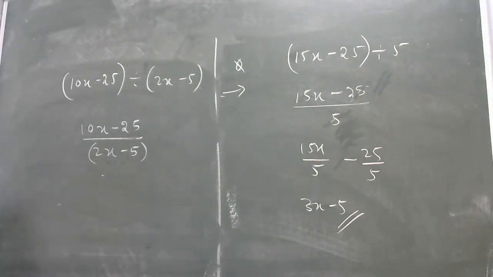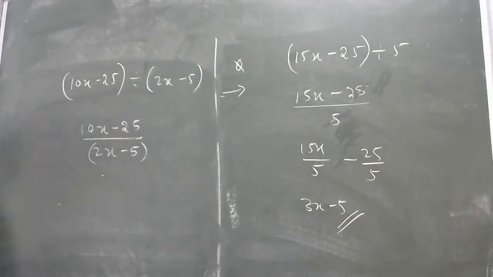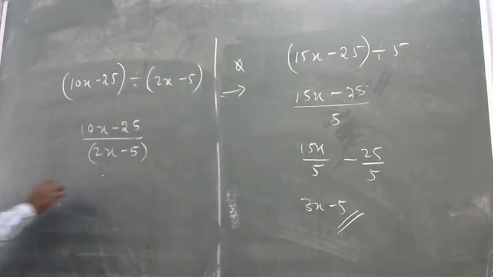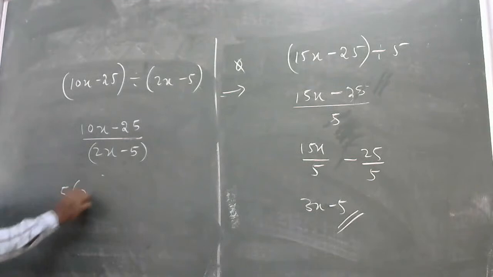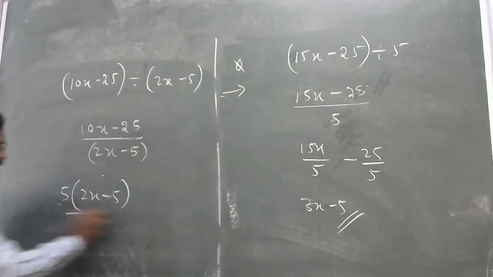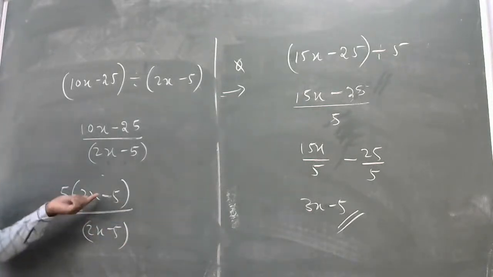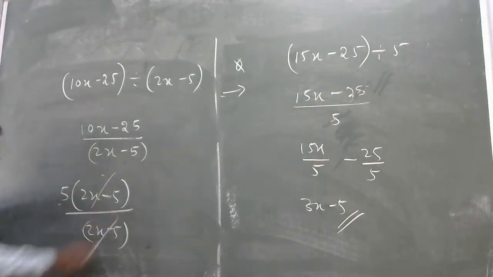Yes. Common numbers. So we have to find, do we have any common factors or not? Okay. 5 is common here. So from these two, if you take 5 outside, what is left out here? 2x minus, here 5 is left out. That divided by 2x minus 5. So you have to keep the same term on the numerator and directly we can cancel.